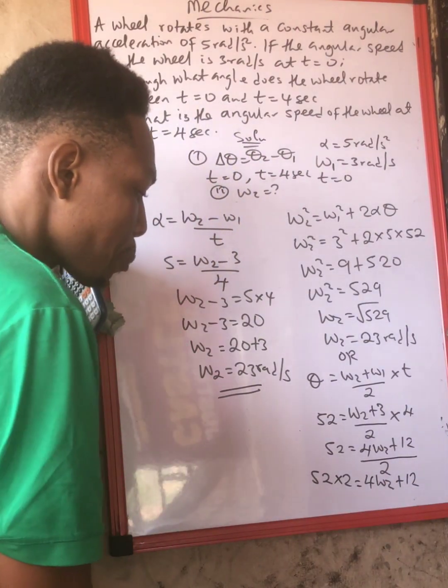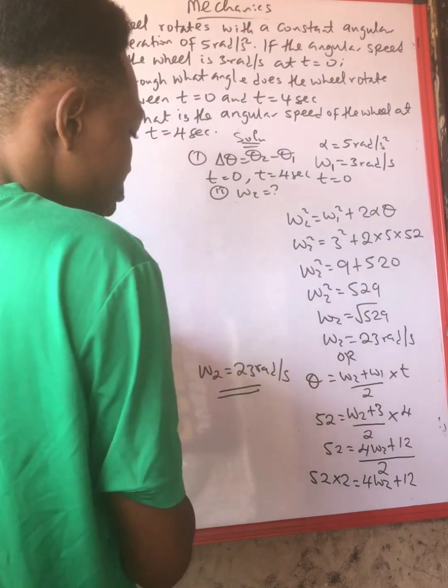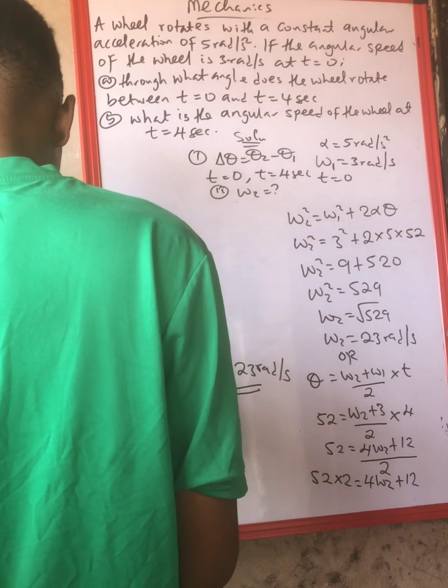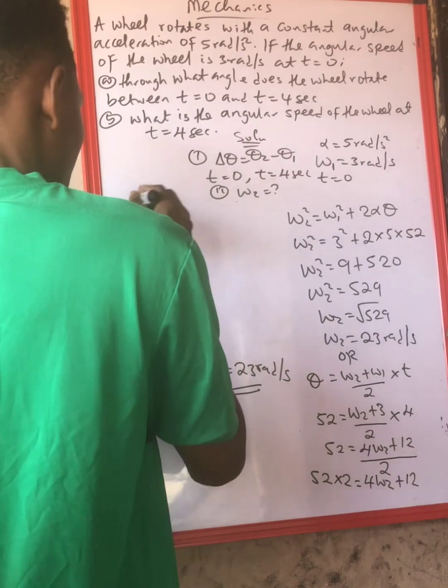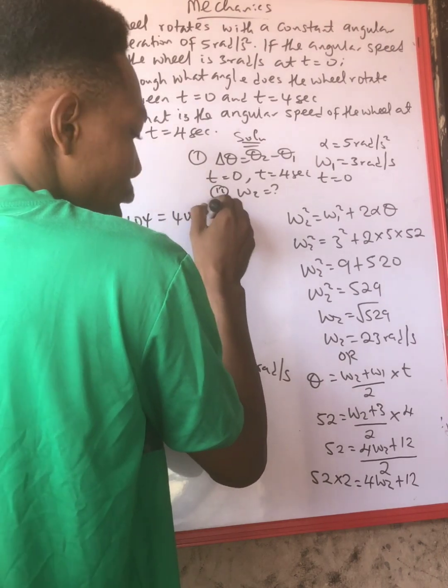So from there, 52 times 2 is going to give us 104. 104 equals 4W2 plus 12.